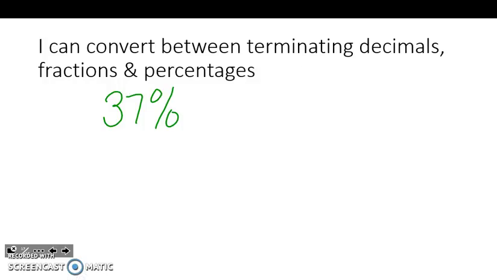So in any percent, if the decimal isn't there, so right now it doesn't look like there's a decimal in 37%, the decimal is always at the end, okay? Instead of moving it 2 places to the right, we're going to move it 2 places to the left. So that 37% is now 0.37 as the decimal.